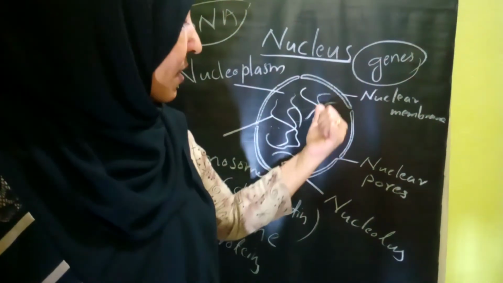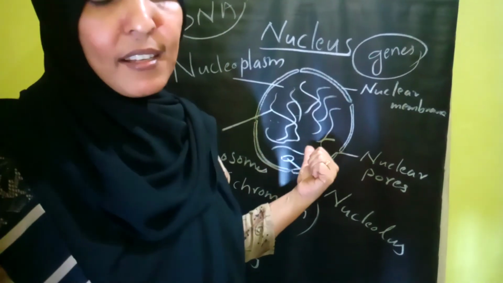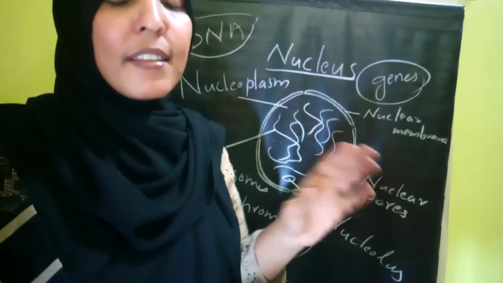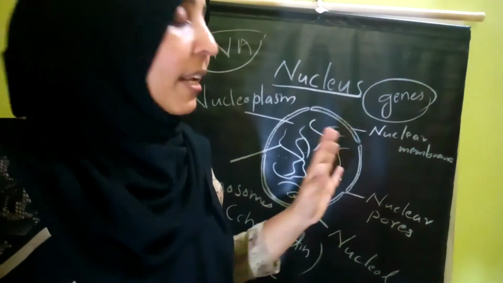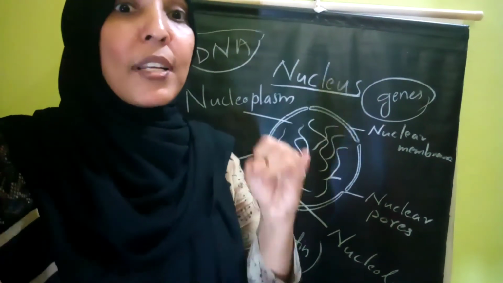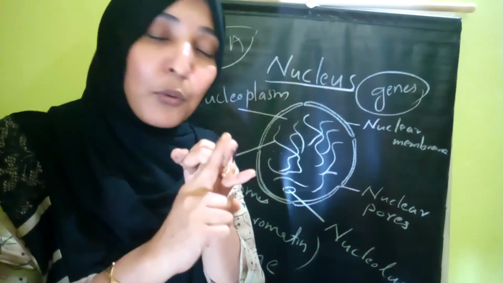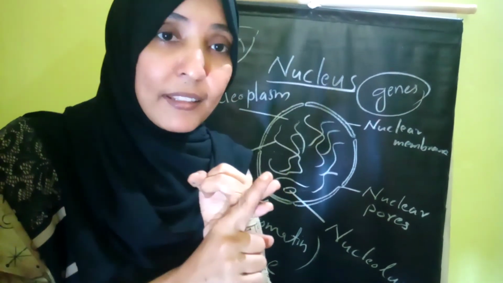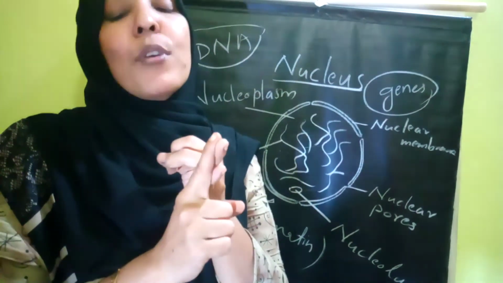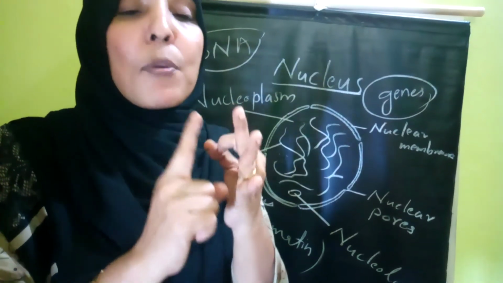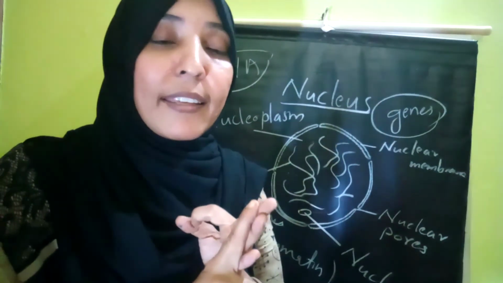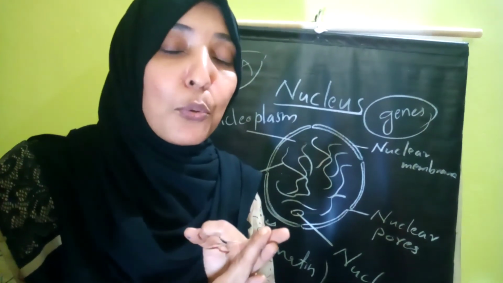Other than the nucleolus, chromatin material or chromosomes are suspended inside the nucleoplasm. Then what are the functions of the nucleus? The nucleus is the main controlling and coordinating center. The nucleolus helps in the synthesis and production of proteins. The chromosomes help in the transmission of parental characters from one generation to the next.